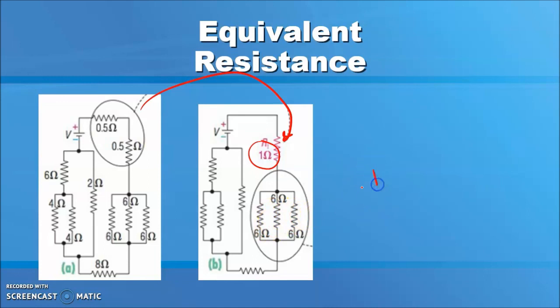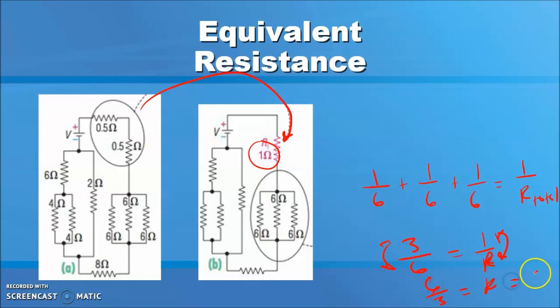So we have 1 over 6 plus 1 over 6 plus 1 over 6 is equal to 1 over the total resistance. So this is 3 over 6 is equal to 1 over R. And if I find the reciprocal of both sides, then I figure out that 6 over 3 is equal to R, so that's the same thing as 2 ohms.